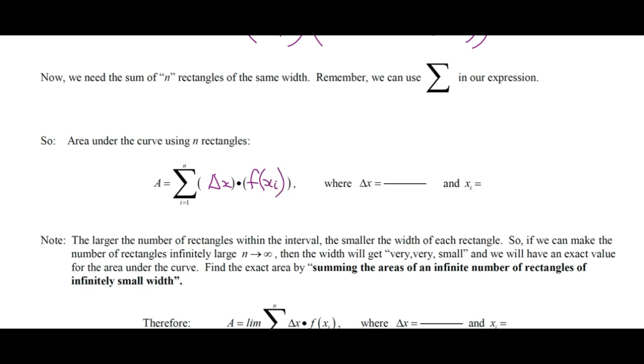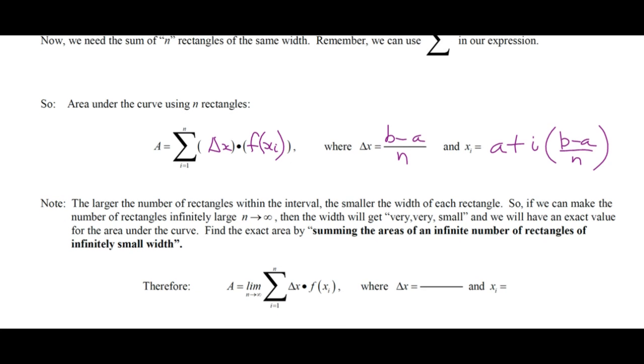So we've got base times height, where delta x is (b minus a) over n, and x sub i is a plus i delta x, or really a plus i times (b minus a) over n. This is f of x sub i, but this is what x sub i is, right? So we're doing f of this.